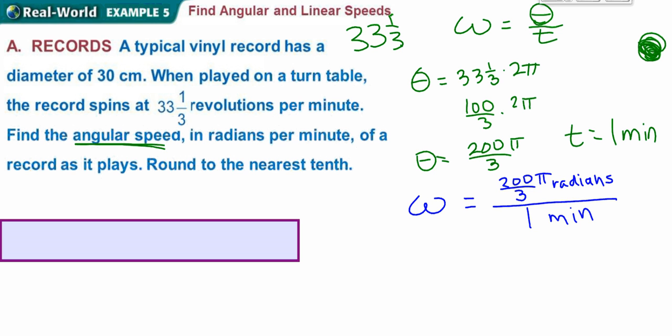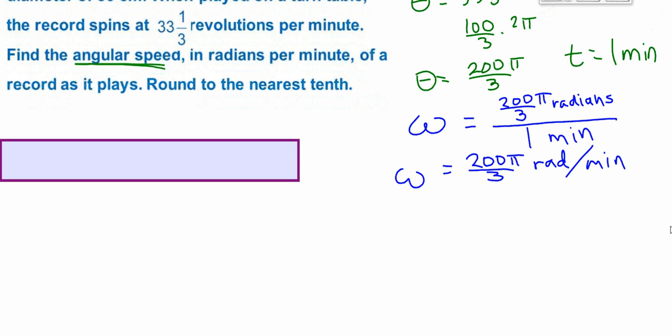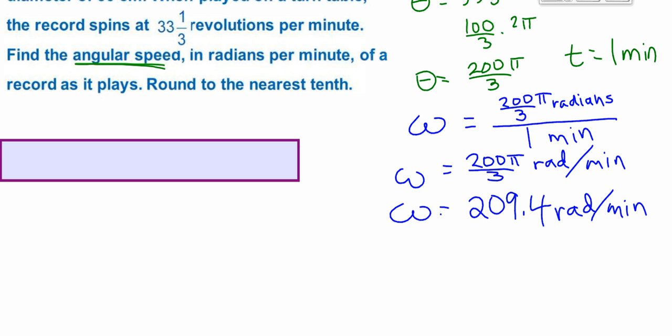Since we're dividing by 1, omega is equal to 200 pi divided by 3 radians per minute. As a decimal, somebody could tell me what that was. 209.4, rounding to the nearest tenth, radians per minute. And that's that omega. So that is the angular speed.